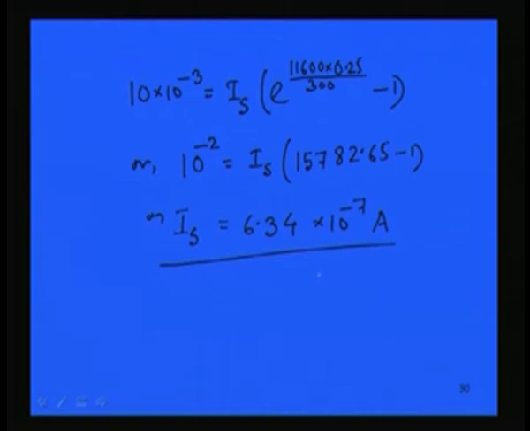Now, the next part of the problem is when 1 milliampere diode current is flowing. For 1 milliampere diode current, we have to again write this equation, ID equal to Is into e to the power k VD by Tk minus 1.